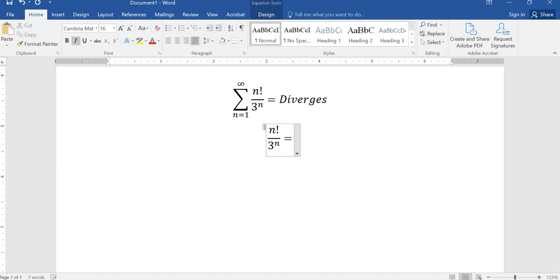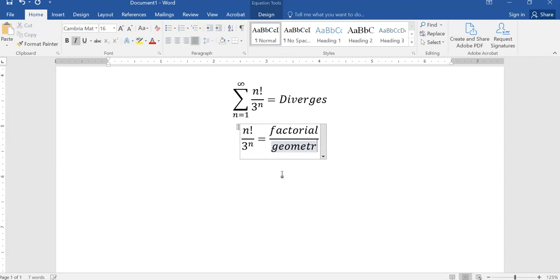If I take a look at that underlying sequence, all I have to do is realize we have a factorial growth on the top, but a geometric series type growth on the bottom. So we have factorial on the top versus a geometric, or you can think of that as also exponential, on the bottom.